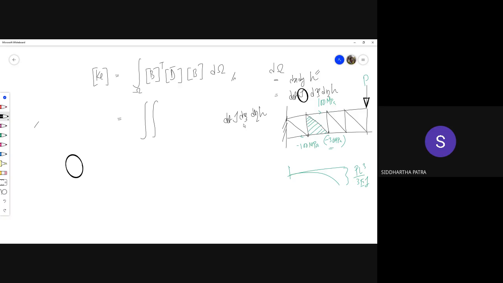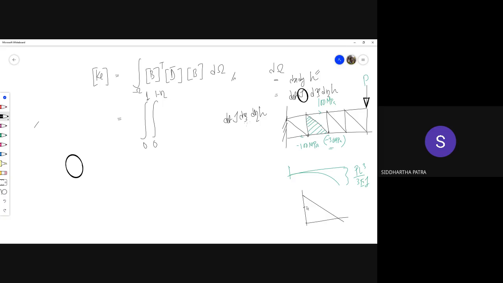And if xi is the inner integration, the limits on xi would be a function of eta. These are not an independent set of integration limits. Eta changes from 0 to 1 because it's a triangle, unlike a square. Hence the limits are not independent. The limits on xi are 0 to 1 minus eta.